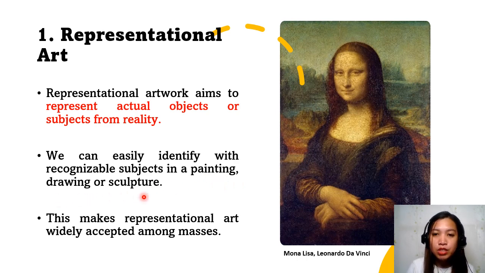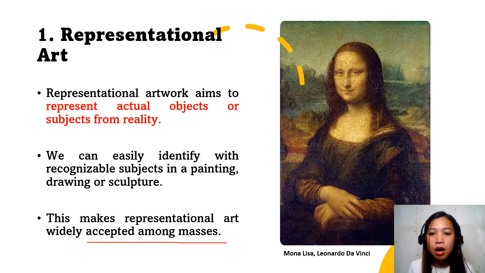In our previous slides, we have seen Pieta by Michelangelo, and it is obvious that the main subjects in that sculpture are, of course, Mama Mary and Jesus Christ. Now, this makes representational art widely accepted among the masses.